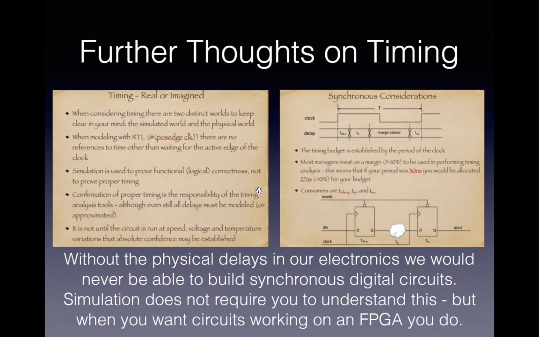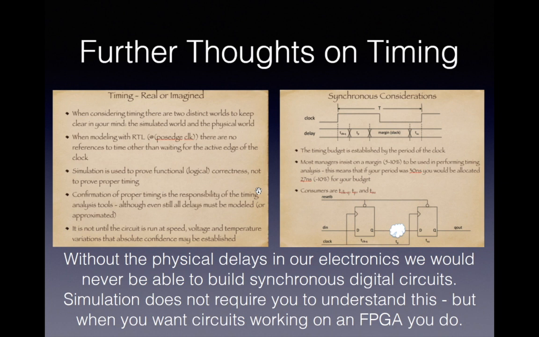Things that vary, speed, voltage, temperature variations contribute. So on the right-hand slide, it's just a reinforcement of what I said a few minutes ago about who the consumers are. And the net result should be a positive margin or a positive slack.